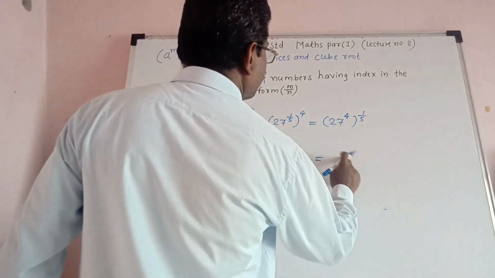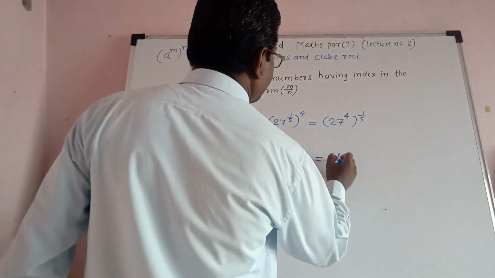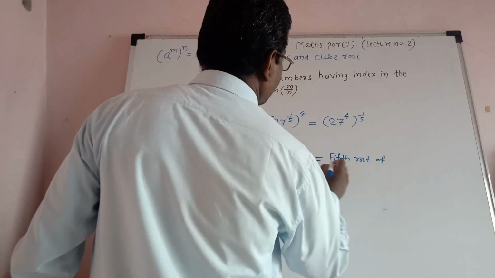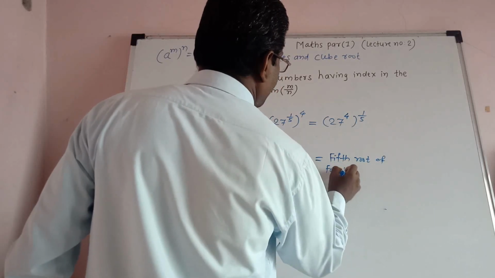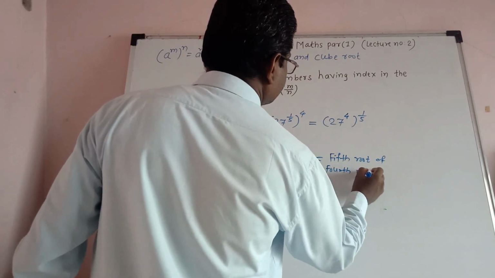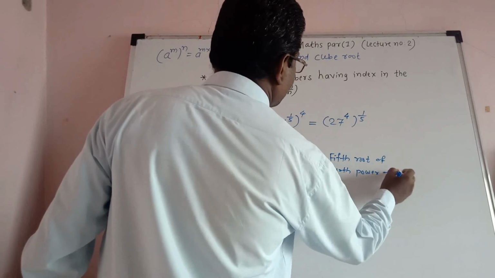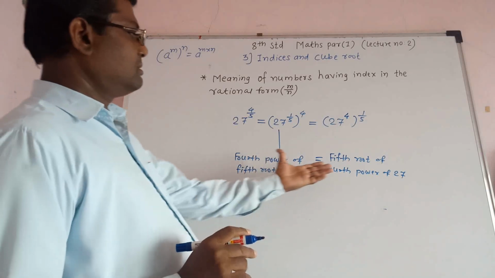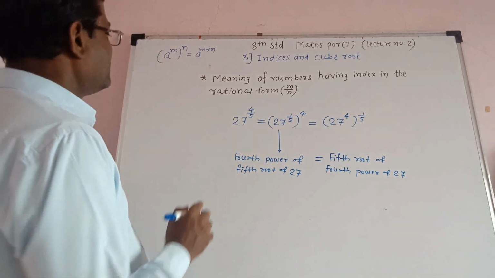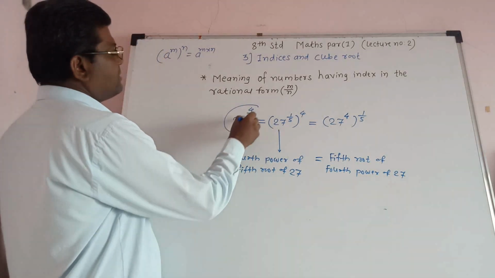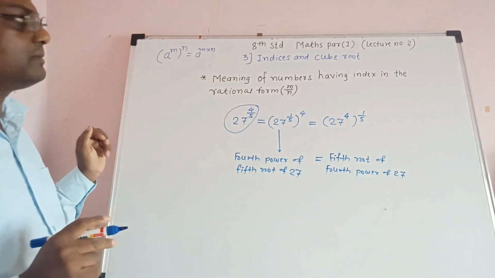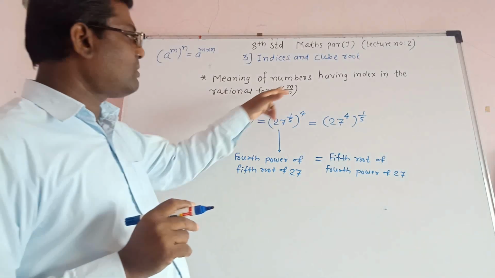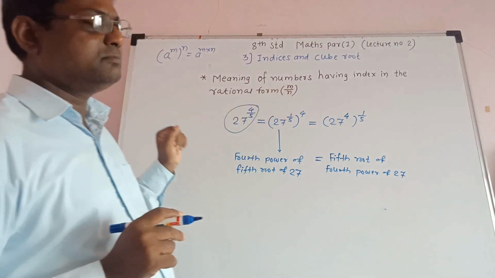So we write fifth root of fourth power of 27. These two are equal things. So if we consider 27 raised to 4 upon 5, the index 4 upon 5 is in the form of m upon n.